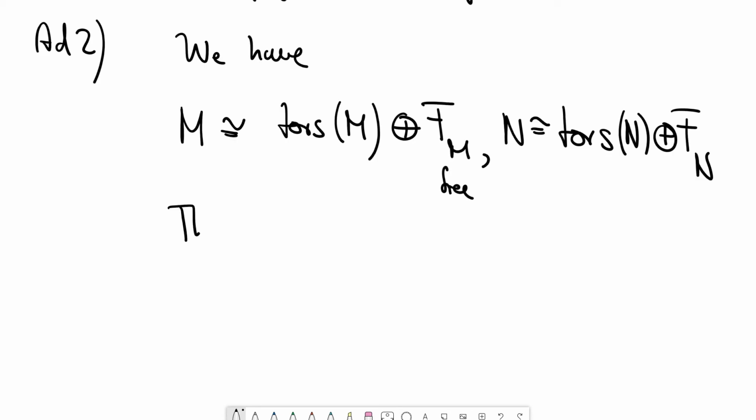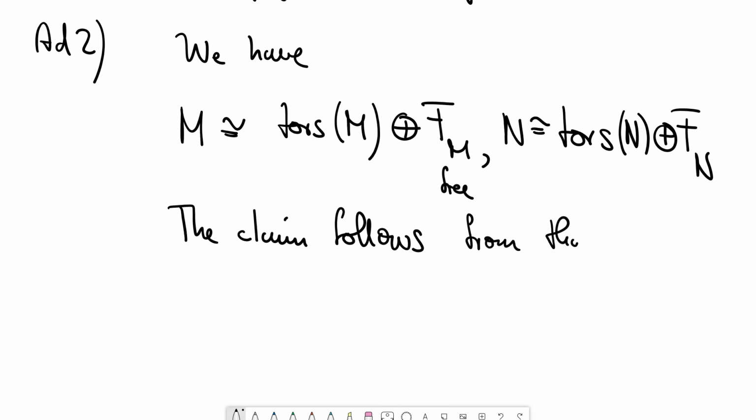And then the claim follows from two facts. Well, it follows from the fact that the Tor term is compatible with taking direct sums in both variables. So it follows from the fact that Tor commutes with direct sum.